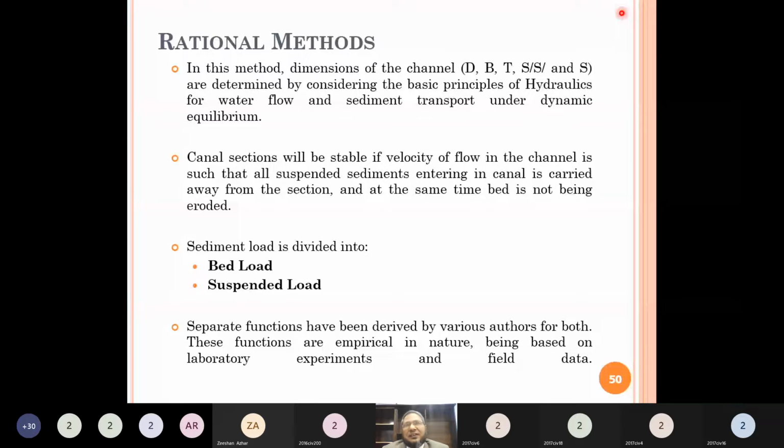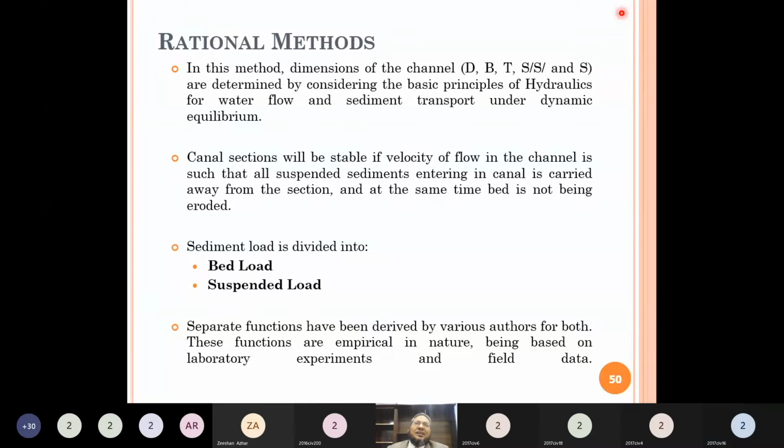What is the name of the channel which is taken off from the barrage or headworks? Which is the biggest canal? Sir, I think maybe main canal. Oh yes, you are right. That is the main canal.